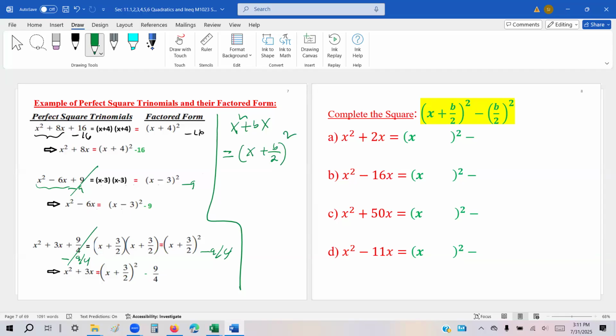And always subtract that quantity squared. The main idea is the coefficient of x. Half of b goes inside your perfect square. Half of b squared goes outside of the perfect square. And you complete the square. From there, you can solve for x easily by taking the square root.